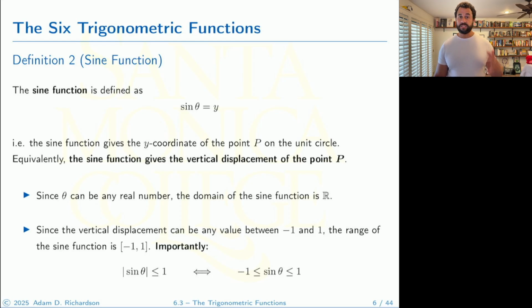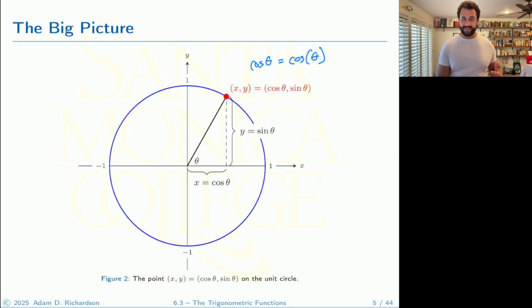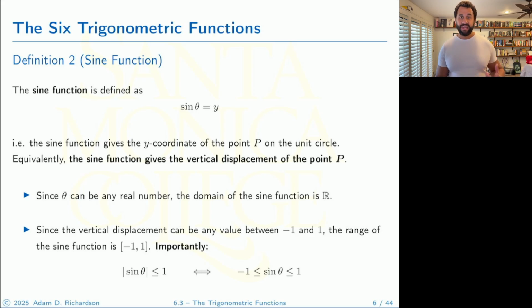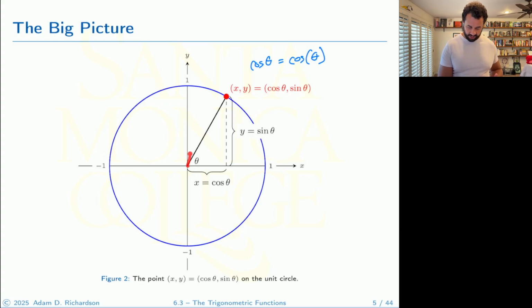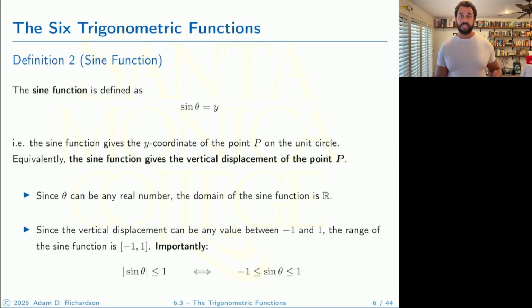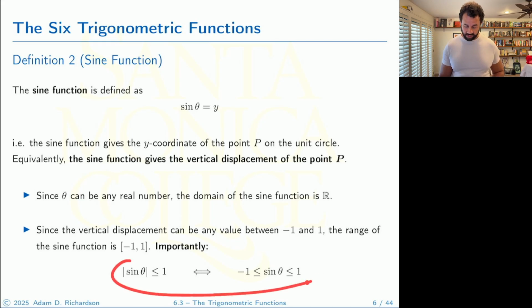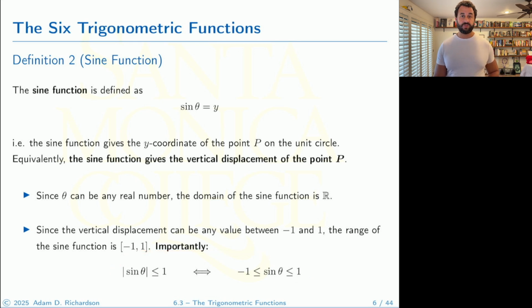Now, the vertical displacement, if you remember the big picture, can be any value between -1 and 1. So again, the vertical displacement can go all the way up to 1 or all the way down to -1. So that means that the range of the sine function is -1 to 1 inclusive, right? It could be equal to -1, it could be equal to 1. Now, this is an important result. This is one of the reasons we love the sine function.